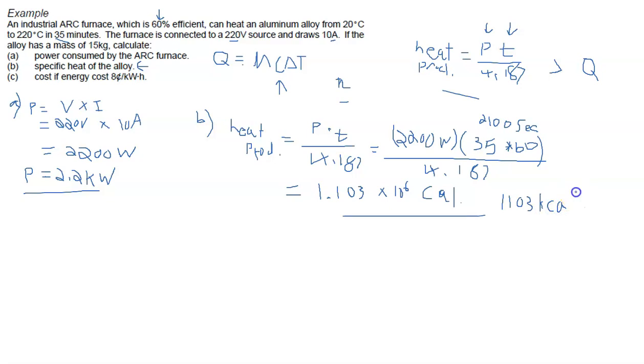And it's not that it matters, but, you know, kilocalories is the most common way that this is written. 1.103 megacalories is good too, right? And so either one of that is fine. Now the 1103, not really engineering notation, is it?